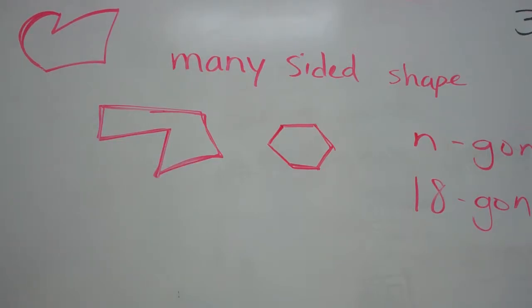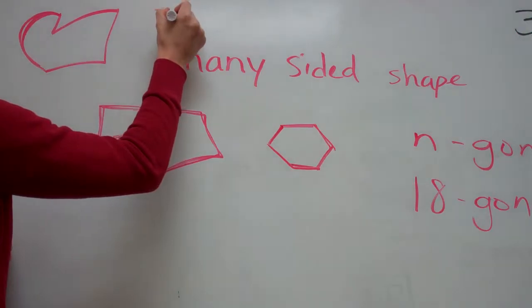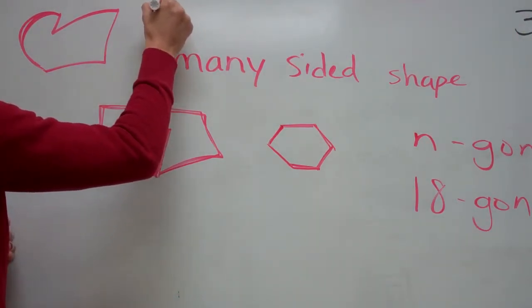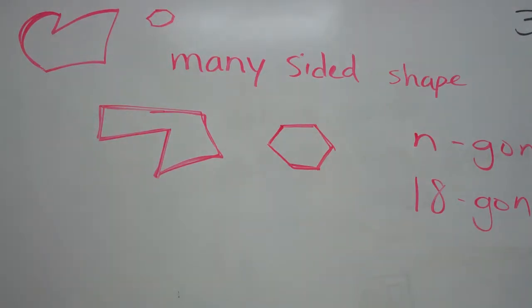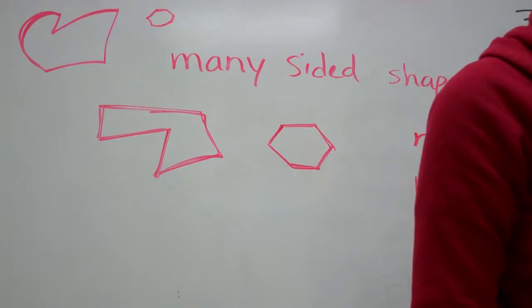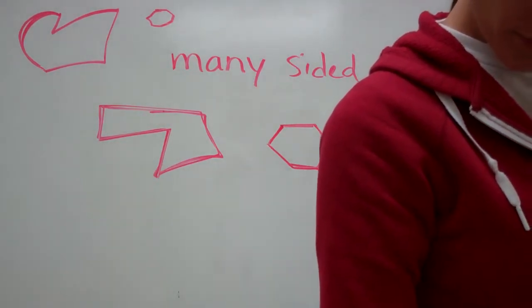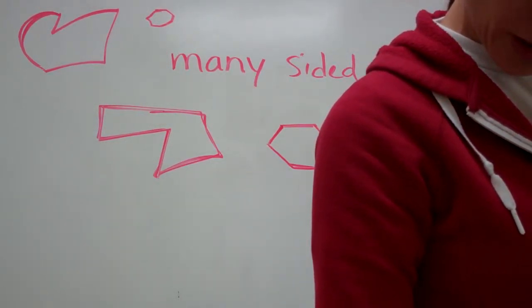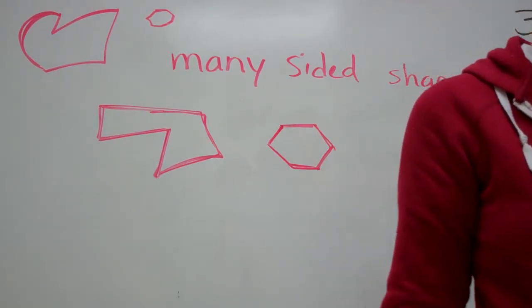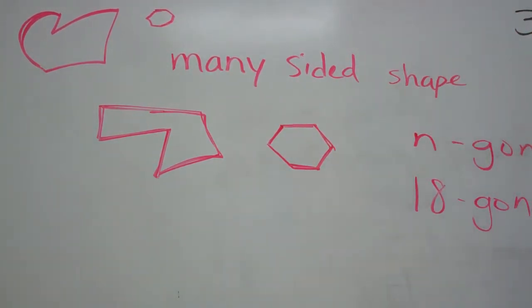On the number 10 decagon, see how they're all a line, a line, a line? All of them have to be lines.